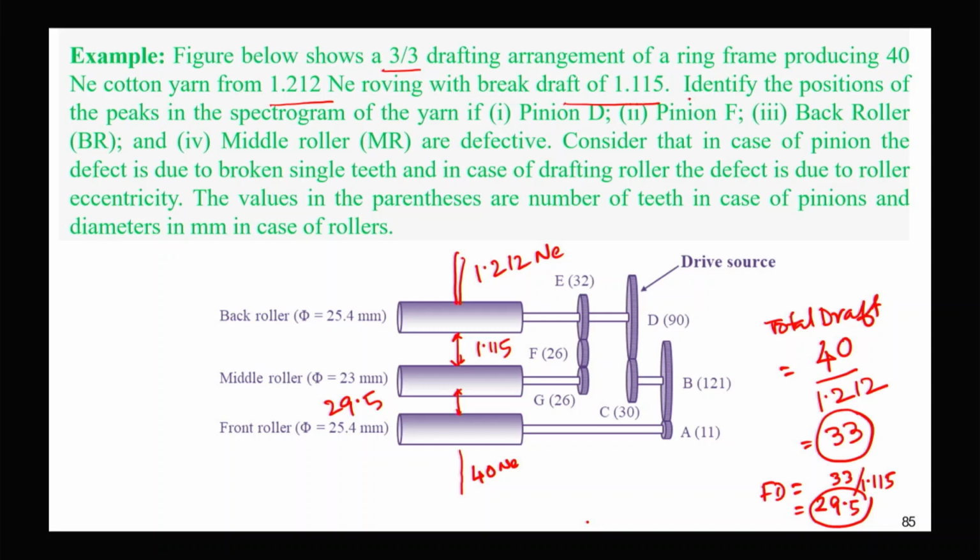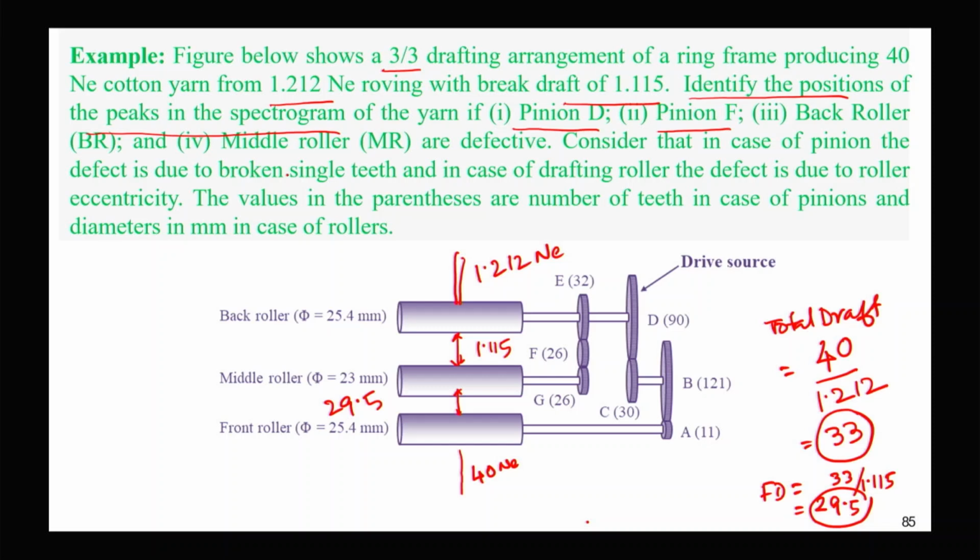So what we have to do, we have to identify the position of the peaks in the spectrogram of yarn if pinion D is defective. So we are testing the yarn, so the yarn spectrogram we have to identify. If pinion D is defective, and then if pinion F is defective, and back roller and middle roller.